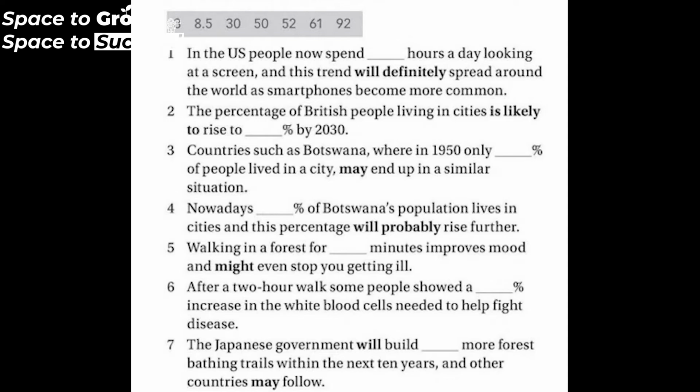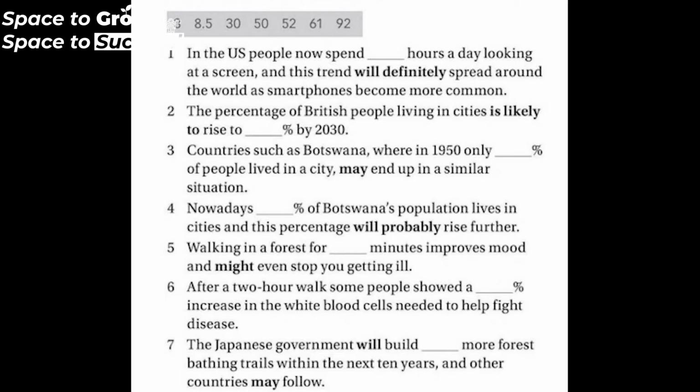1. In the US, people now spend 8.5 hours a day looking at a screen, and this trend will definitely spread around the world as smartphones become more common. 2. The percentage of British people living in cities is likely to rise to 92% by 2030. 3.